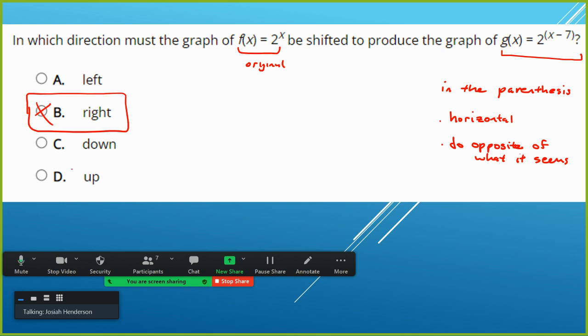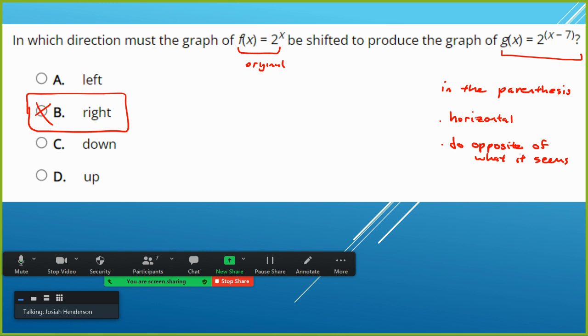Totally. So I'm trying to model for you guys how I approach problems like this. We have to be familiar with those rules or have them on our notes on a piece of paper that we can reference like a toolbox, and then examine what they're giving us, this g of x equation, and pick it apart and try to, one step at a time, one thought at a time, break it down and figure out what do we know and what does this mean? How do I apply those rules to this? So in the parentheses, that means horizontal.